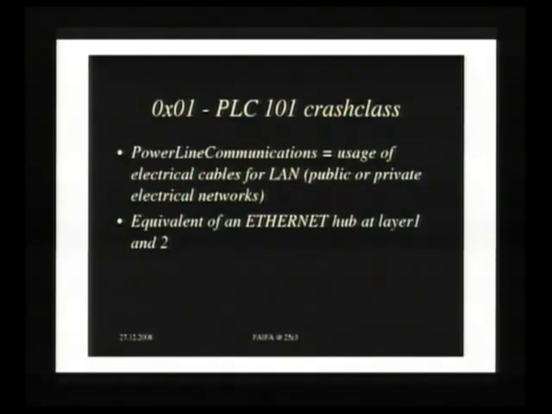So, like I said, power line communications is the usage of electrical cables for a logical area network. It could be on the public electrical network, or on the private electrical network. Basically, you can split applications in two main groups, outdoor and indoor.